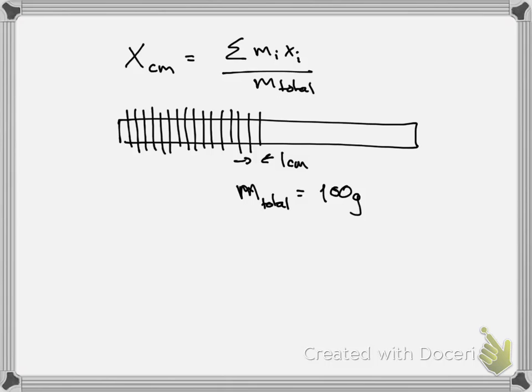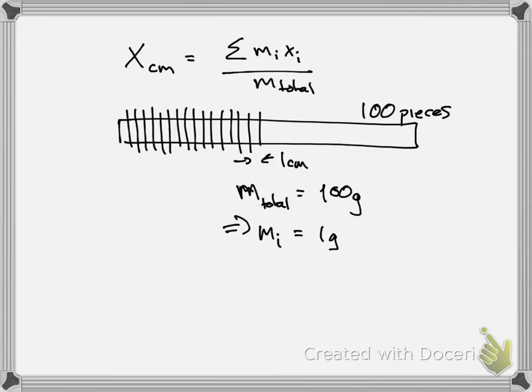Therefore, each piece, M sub i, if we break it up into 100 one-centimeter pieces, weighs 1 gram.